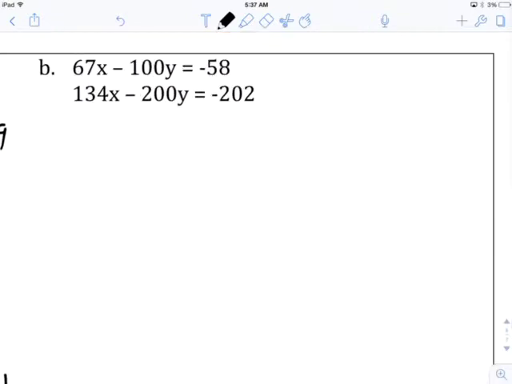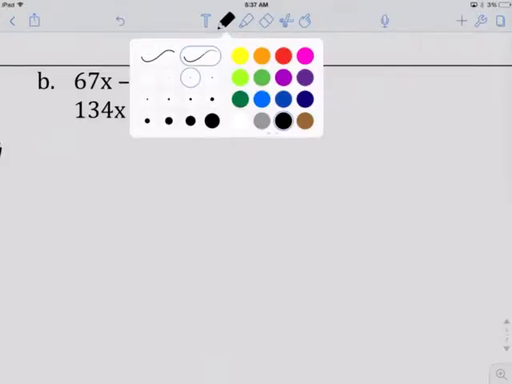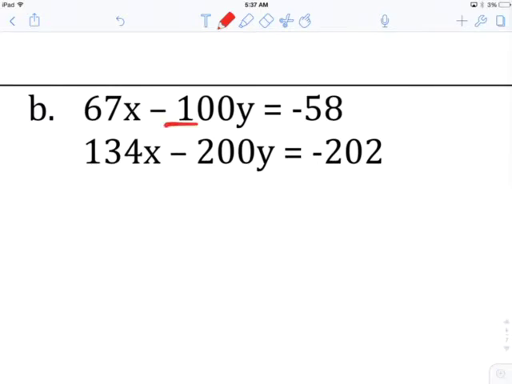Here you use elimination. You're going to eliminate this one because it's easier to multiply this 100 to make 200. Because we want to make this a +200, in order to do that, you have to multiply it by a -2. Once it's a +200, this is a 0, you can eliminate it.